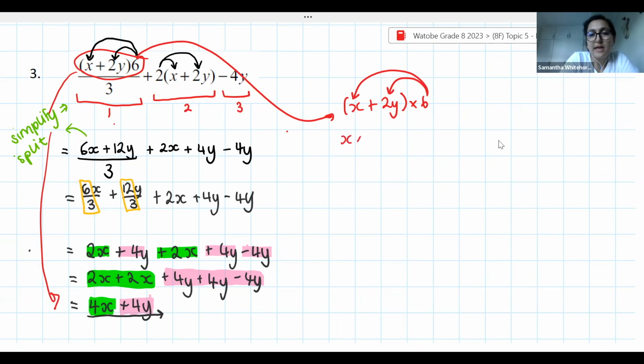So when I say x times 6, I end up with 6x. We usually write the number in front and then the variable. When I say 12, again the variable goes at the end. Does that make more sense? Okay, I'm hoping it does.